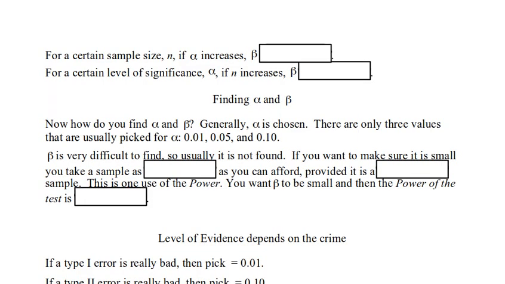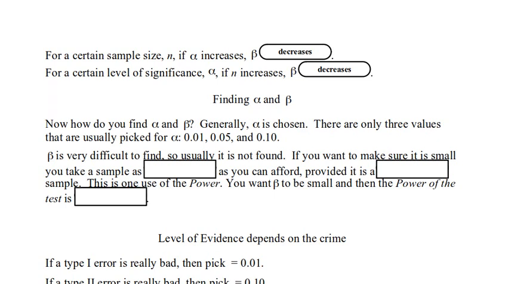For a certain sample size n, if alpha increases, beta decreases. And for a certain level of significance alpha, if n increases, that is, our sample gets bigger, then beta decreases. Now, how do you find alpha and beta? Generally, we choose alpha.